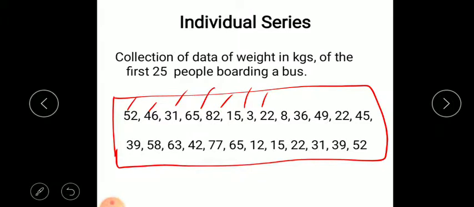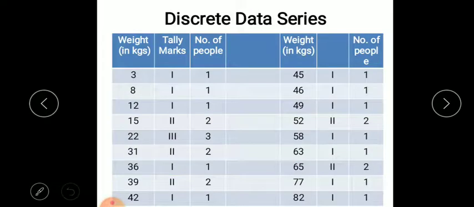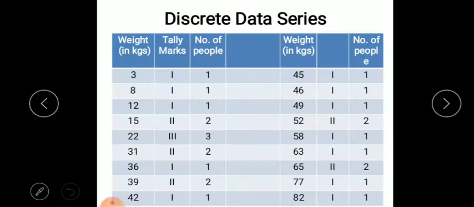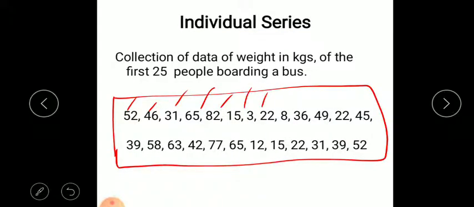Let us see what a discrete series is. In a discrete data series, I'm noting down these weights. First I have to arrange them in ascending order, then it becomes very easy. The lowest one is taken first, 3. Then how many people are there with 3? I see one person is there, so I mark it.